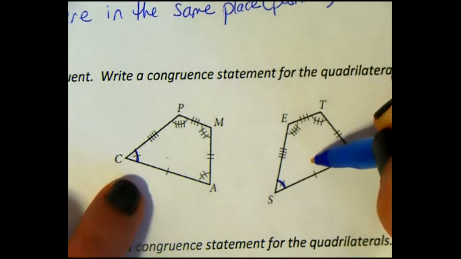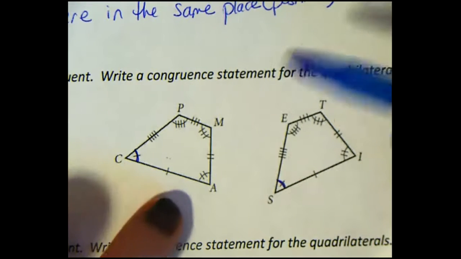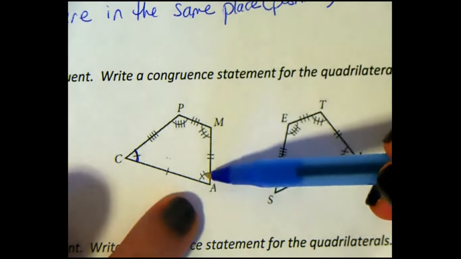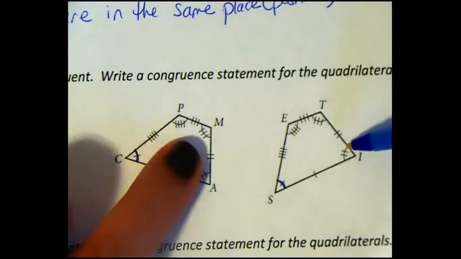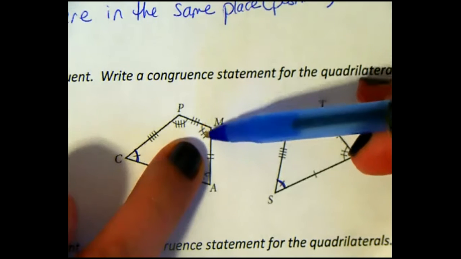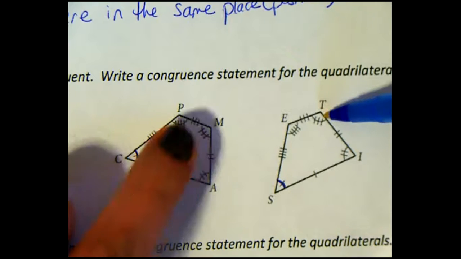So I have to match their placements in the names as well. Angle A here, I can see my 2 tick marks on the angle, is going to be congruent to angle I here, because angle I has the 2 tick marks. Angle M has 1, 2, 3. Angle T, 1, 2, 3. So M and T are congruent.